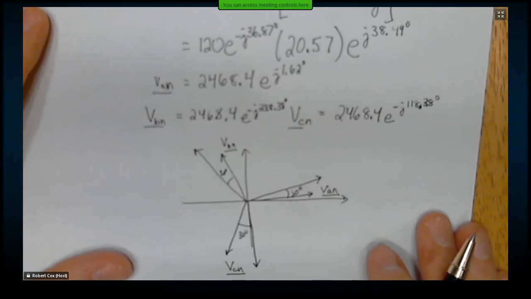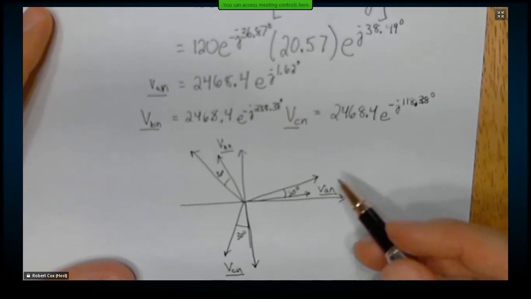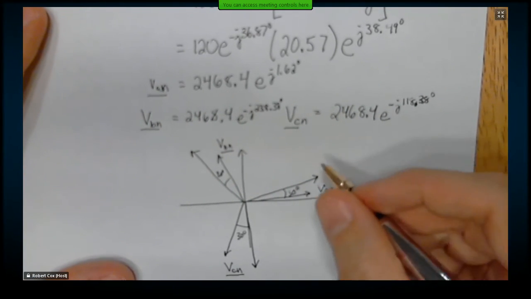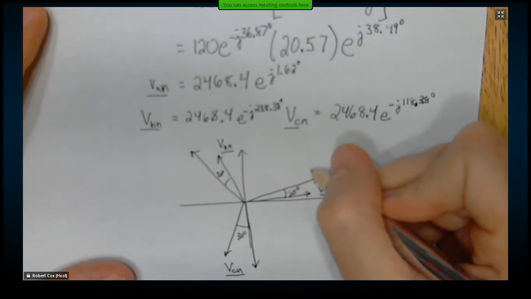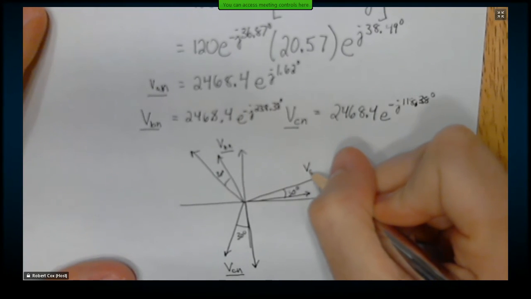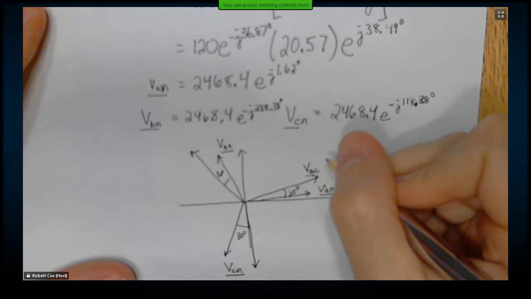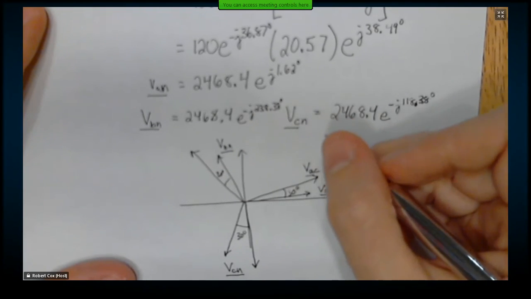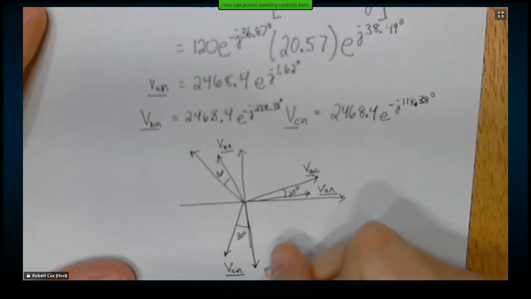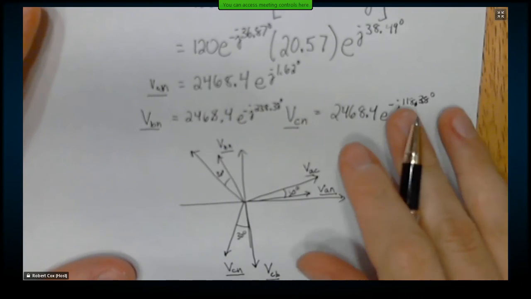They're ahead by 30 degrees and they're also square root of 3 longer. In this case, this one here is VAC, this is VCB, and this is VBA.